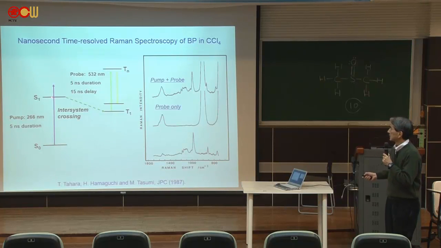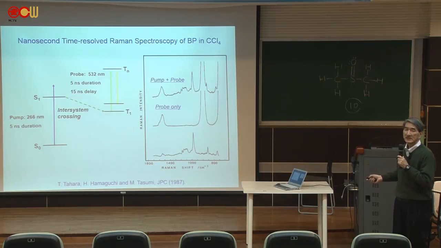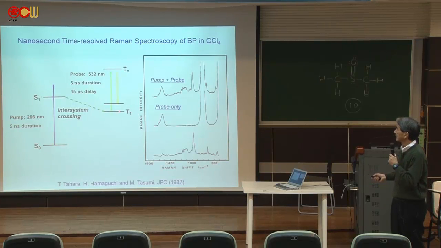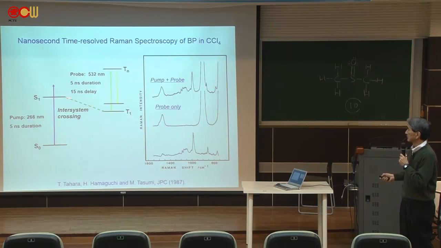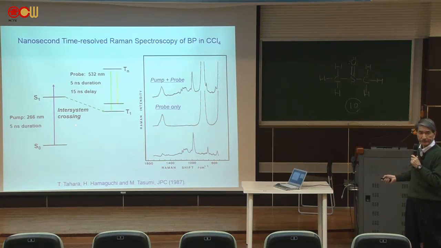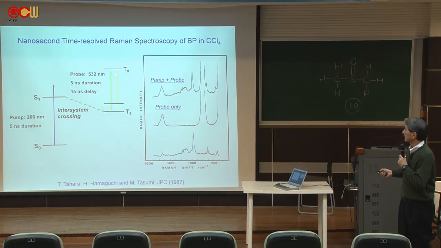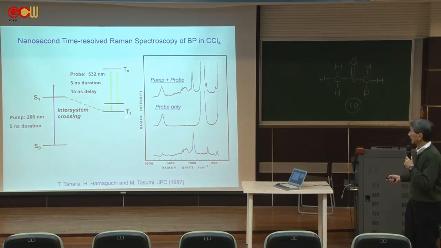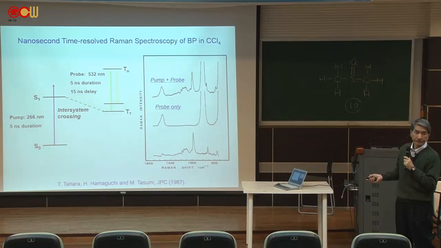And then the intersystem crossing occurs immediately, and then you have the triplet T1 state populated. So after photoexcitation, with a 15 nanosecond delay, all the benzophenone molecules will be in the triplet state. And then we shine another laser, a green laser, to monitor the triplet spectrum.